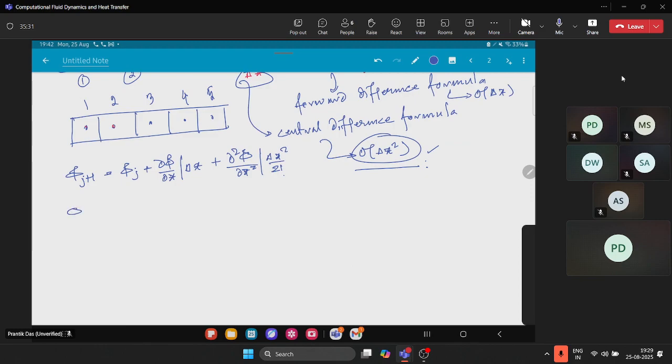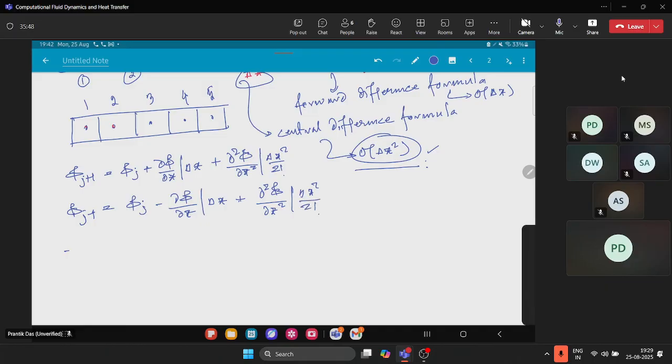Phi j minus 1 is phi j minus d phi dx delta x plus d square phi dx square delta x square by 2 factorial.